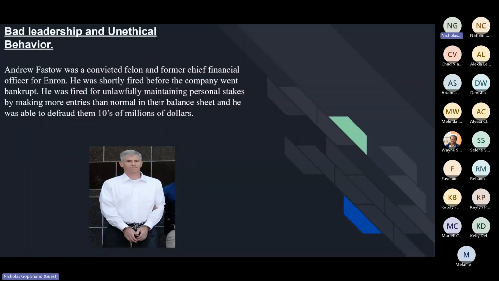Just before Enron went bankrupt, Andrew was fired for unlawfully maintaining personal stakes by making more entries in their balance sheet than normal. And while doing that, he was able to defraud Enron of over $10 million. And from this case, we can see that not all leadership is good, as he would have been of high power.